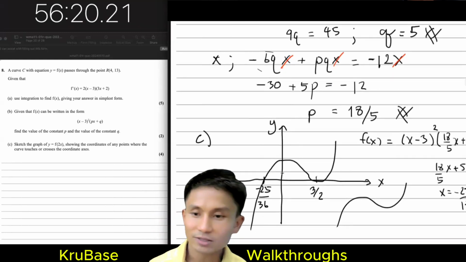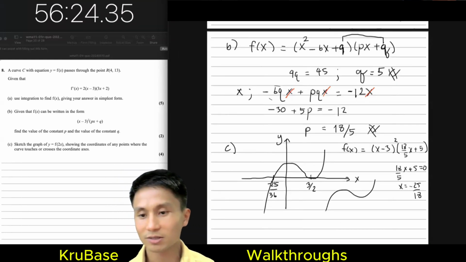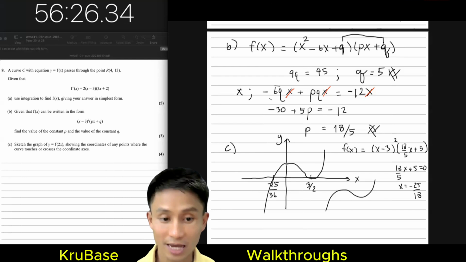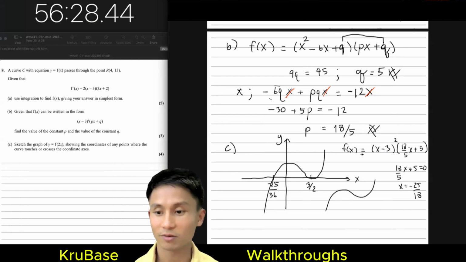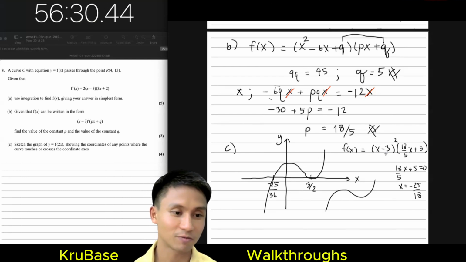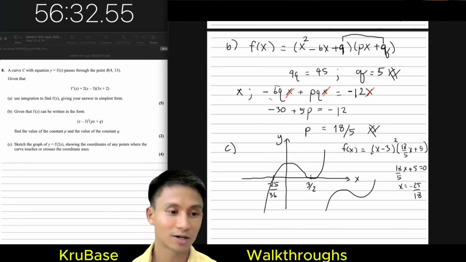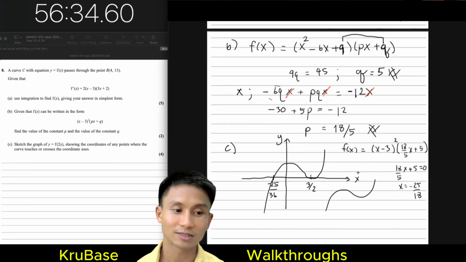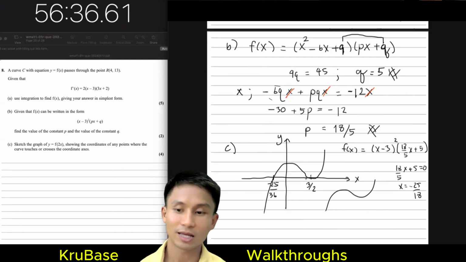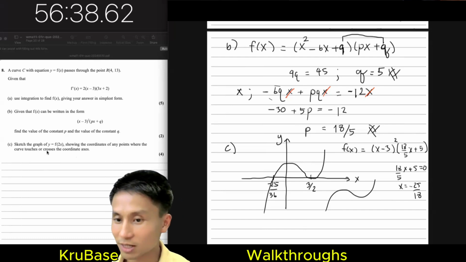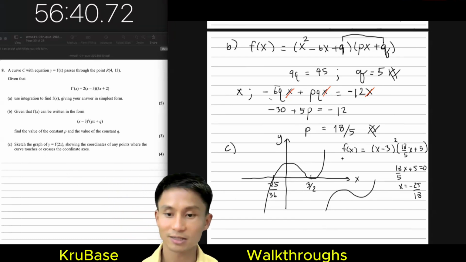But what about the y-intercept, right? The y-intercept doesn't change. So I should get the same point, which would have been the same if we substitute x to 0 there. Do we need to put it there? Yeah, crosses the coordinate axes.